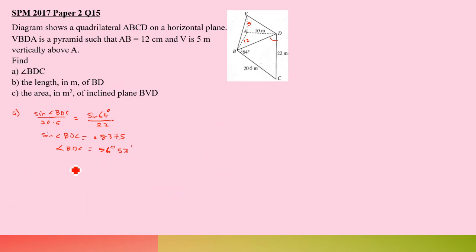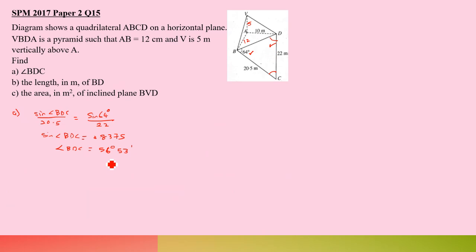Okay, that answers part A. Now part B, what they ask you to find is the length BD. If you want to find the length BD, at least you need to know this angle. So you already know two of the angles, you know 64, this one you already calculated, so you can find the third angle, then you can calculate BD. A triangle is 180 degrees, so please remember that.